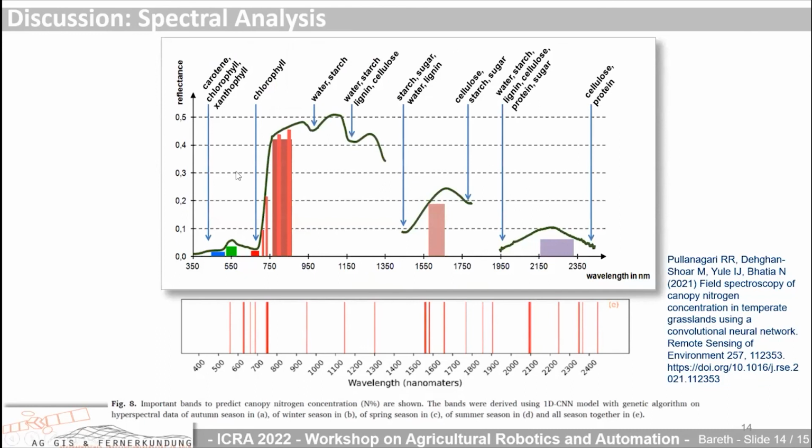If you plot this, we see a typical grass spectrum. We see the chlorophyll absorption bands, and we see very nicely the water absorption bands of the canopy. We also see some components which include nitrogen, amino acids, or proteins, which might be of use to improve nitrogen concentration strategies.